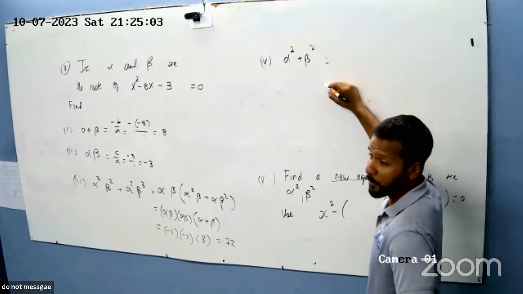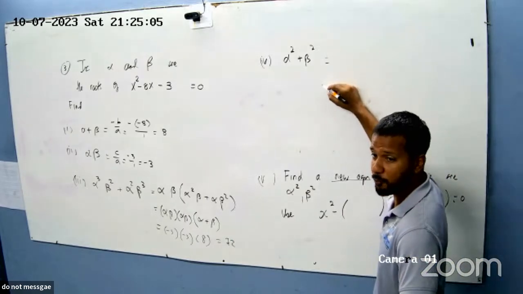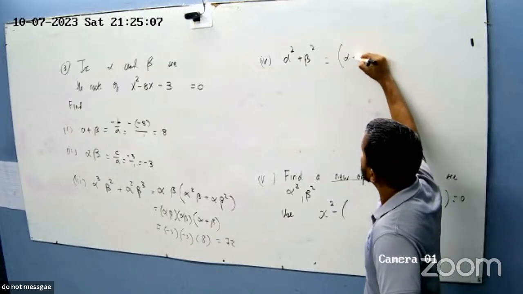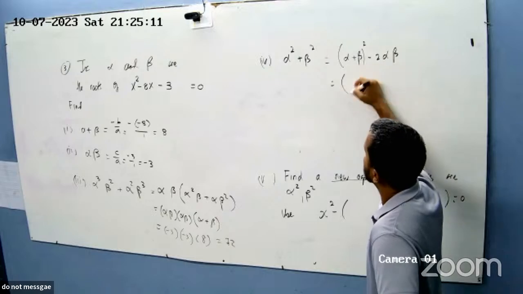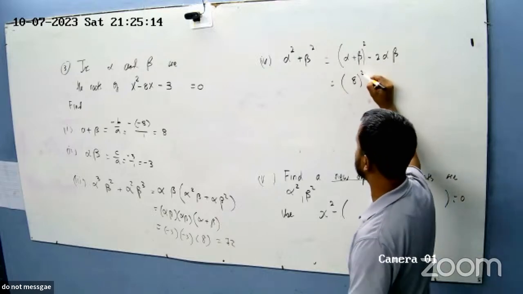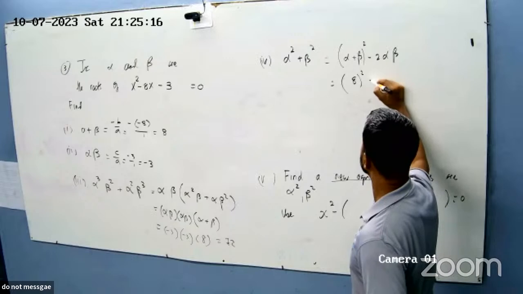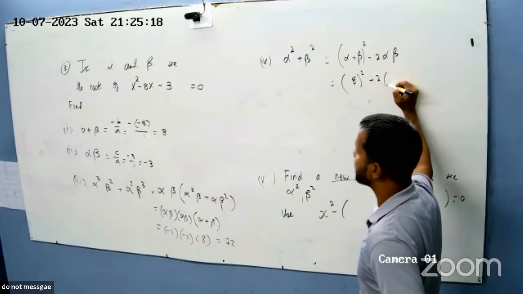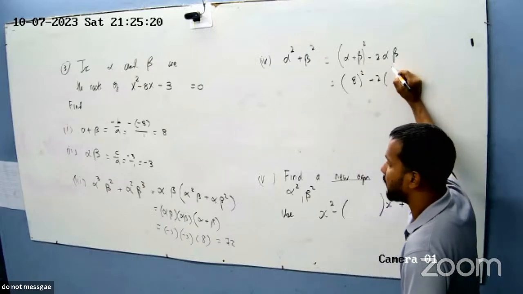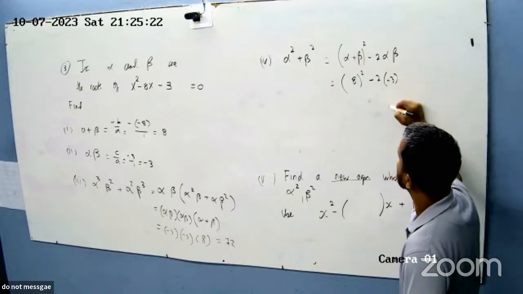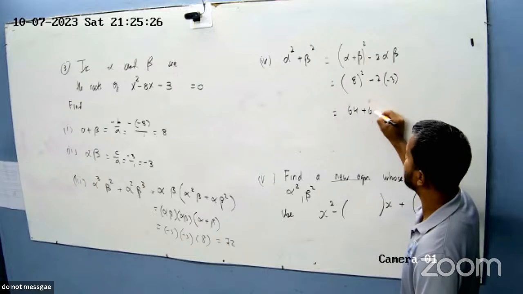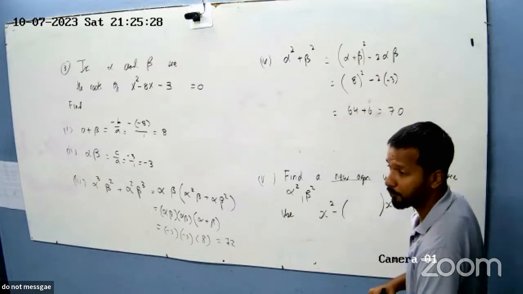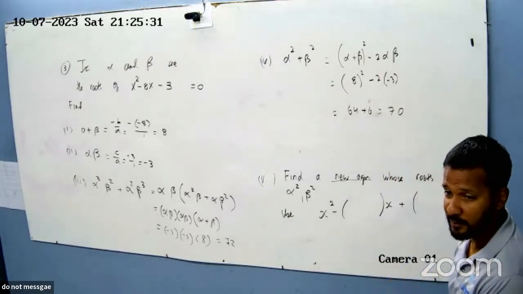We know this one already, we know the rule for this. This is alpha plus beta squared minus 2 alpha beta. Alpha plus beta is 8, alpha beta is minus 3. So this one here is 64 plus 6, which is 70. Are you okay with that?